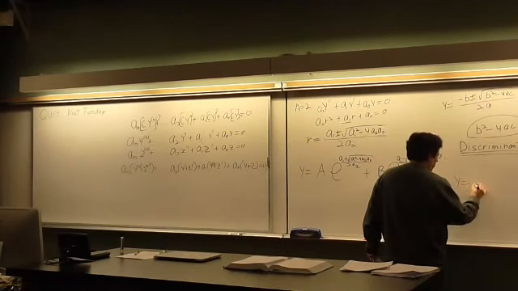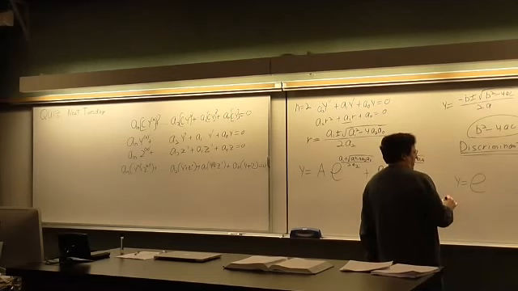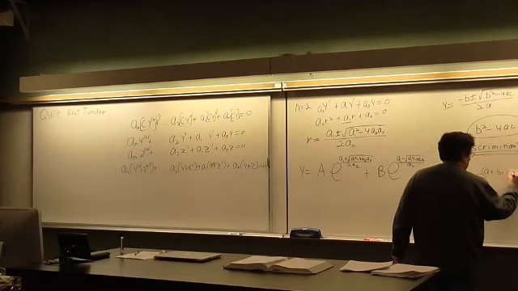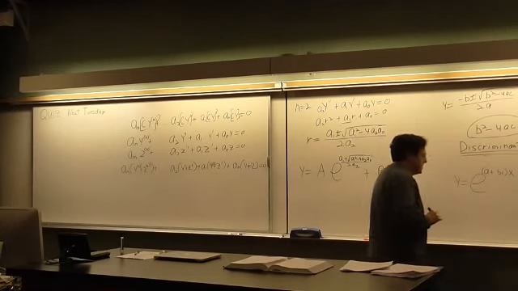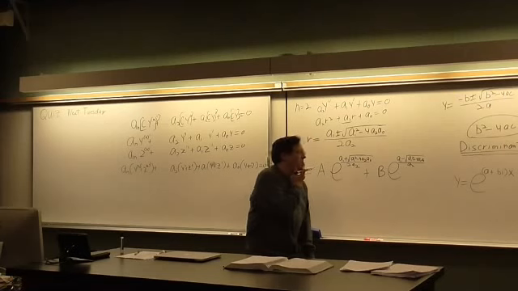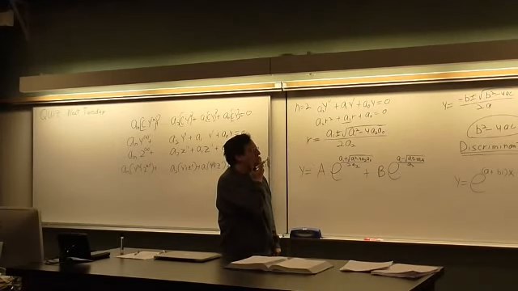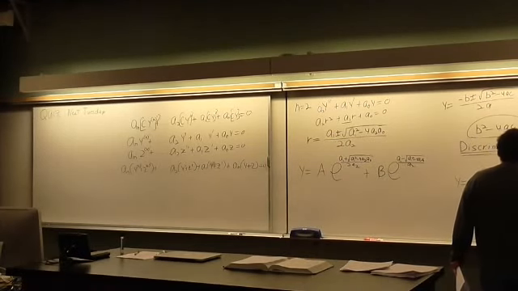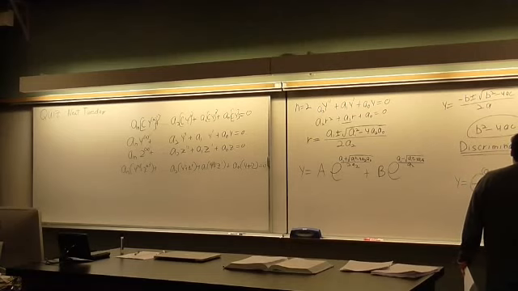Now, you might say, wait a minute. If I have a complex root, and my solution looks like this, e to the (a plus bi) times x, how do I do that? Well, that's e to the ax times e to the bi x.